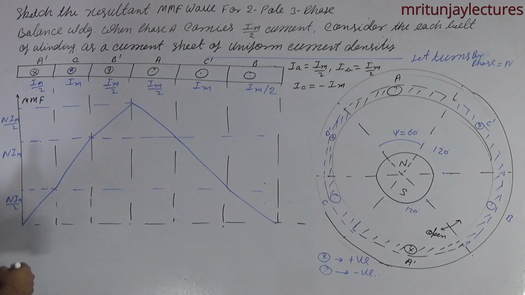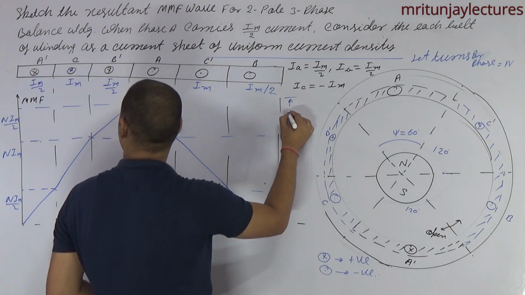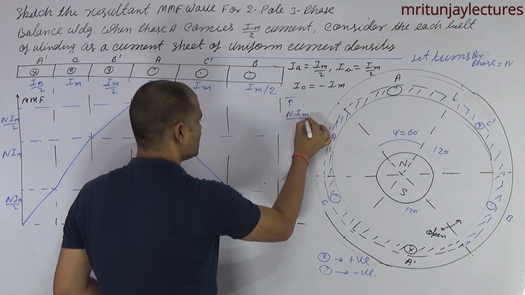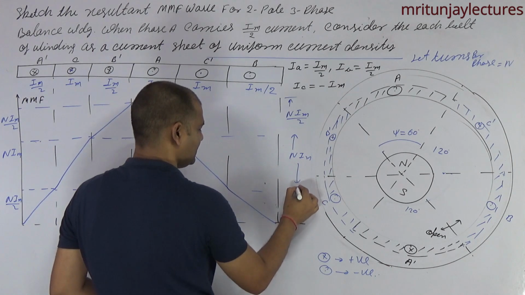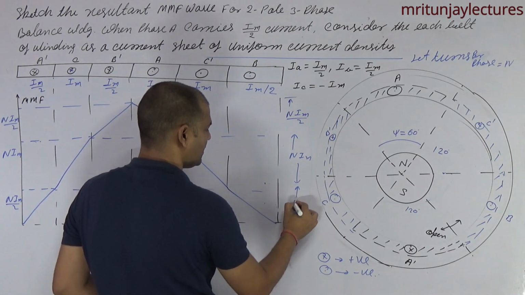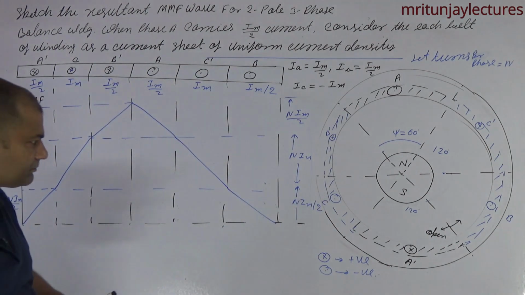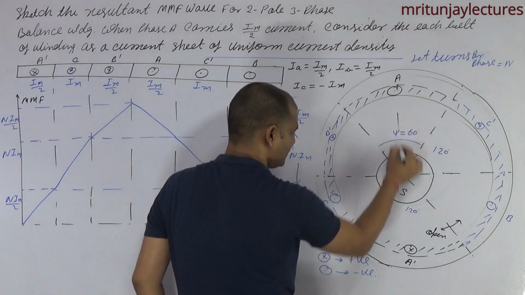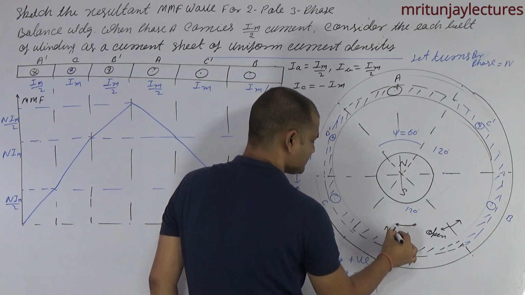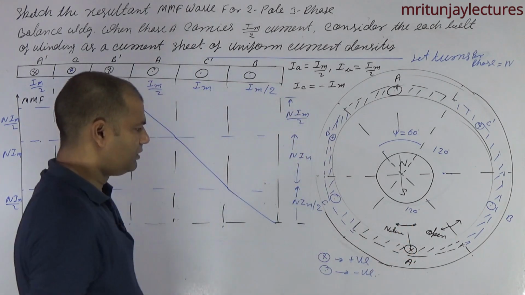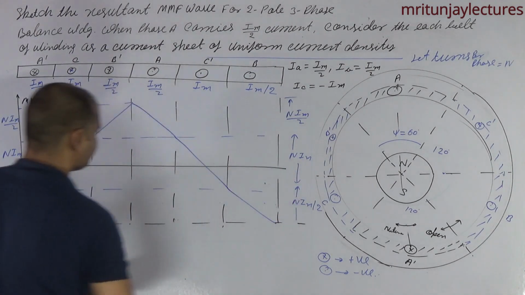Okay, this is NIm by 2, this is NIm, and this is NIm by 2. Okay, finally our motto, that is the neutral axis. Cut at the midpoint.